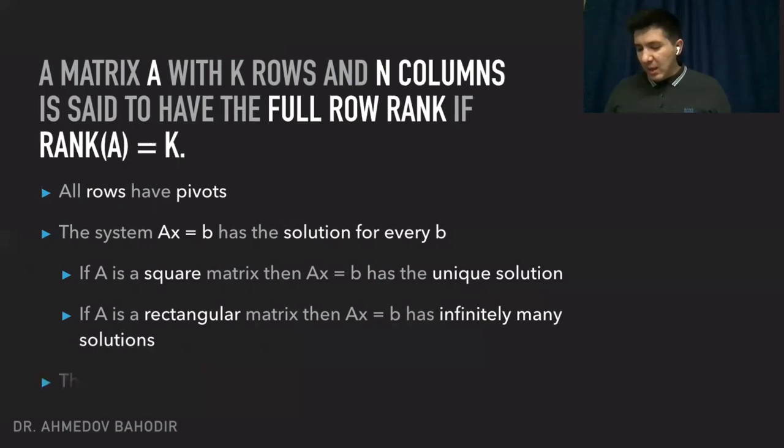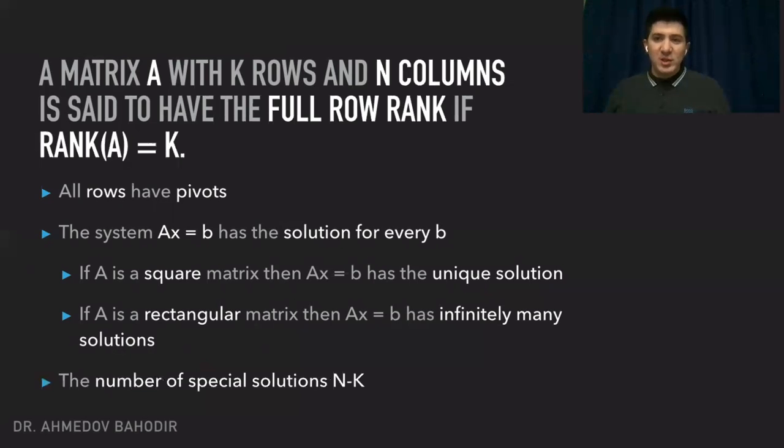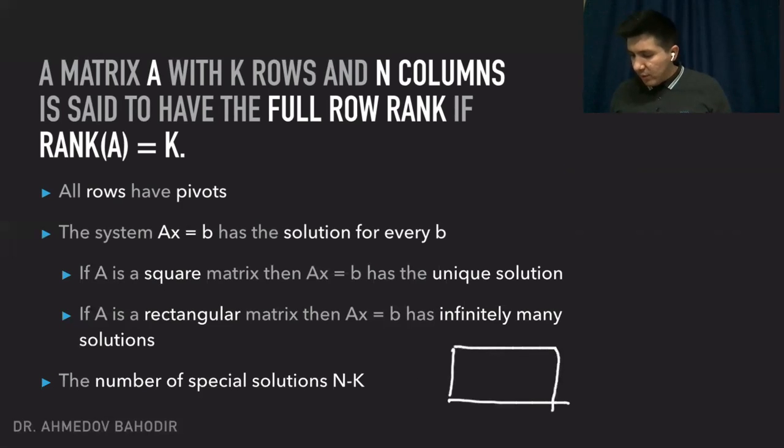Okay, so let's see why. The number of special solutions is obviously going to be n minus k. So if your matrix is rectangular, for example, if your matrix has 3 rows and 5 columns, and it is given as full row rank, it means that the number of pivots is equal to 3. All of the rows are going to have pivots. What does it mean?